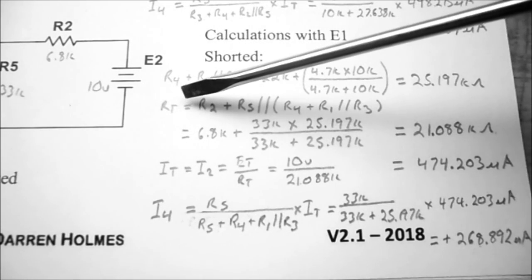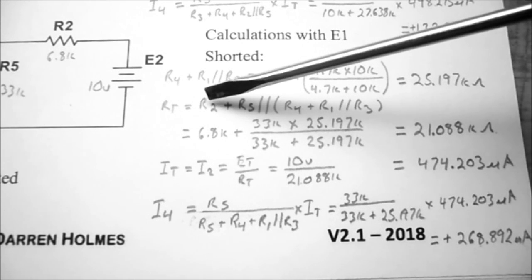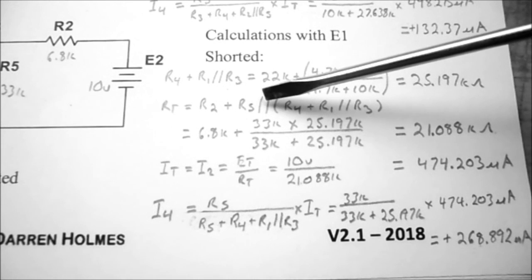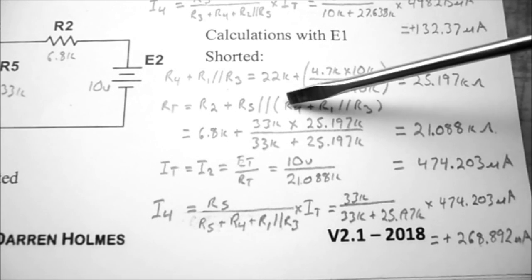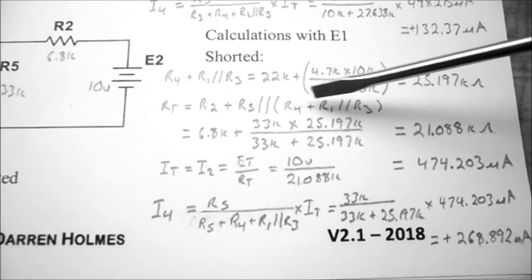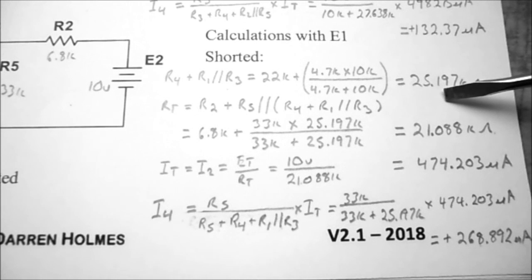The next step is to find RT, and that's going to be equal to R2 plus R5 in parallel with R4 plus R1 in parallel with R3, which we just calculated above as 25.197K ohms.